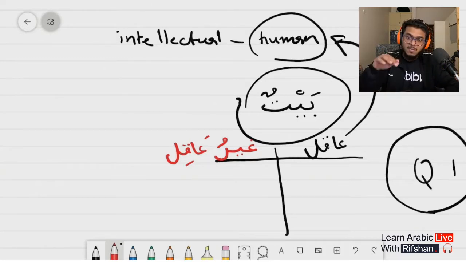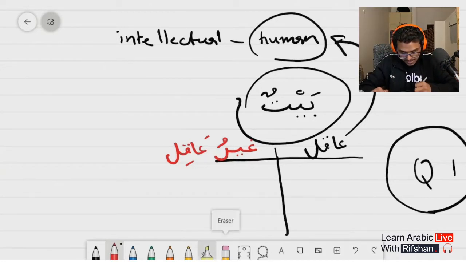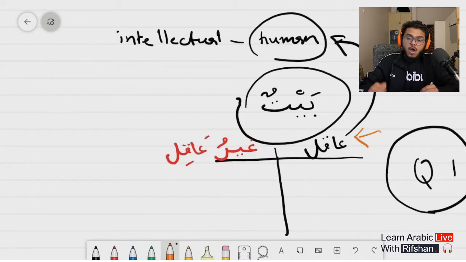So for human beings, in the language also we have some differences that we need to consider and learn. This word aqil is used for human beings or words which are used for humans. Don't worry, you will see the difference when I am saying a word that in itself is for humans.